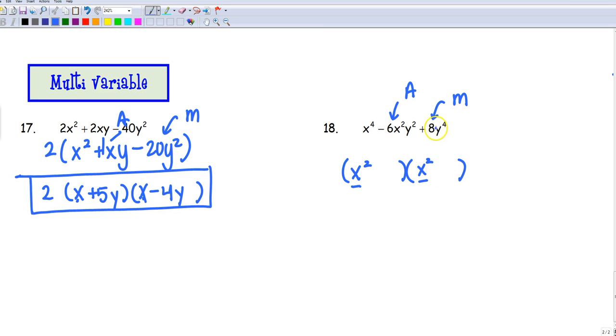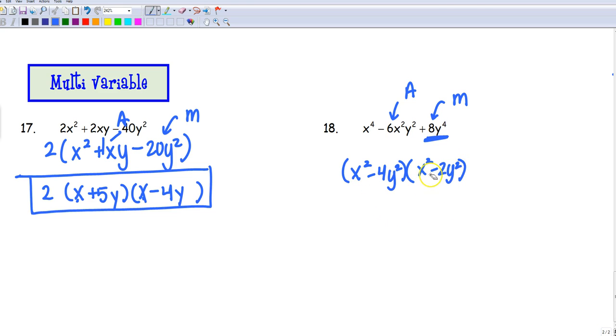The numbers that multiply to 8 and add to negative 6 are a negative 4 and a negative 2. But notice, when those get multiplied, you need to get an 8y to the fourth. Right now I just have an 8. So to get y to the fourth, those both need to have y squareds.